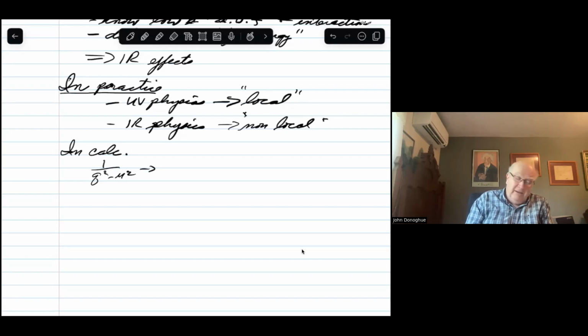This looks like minus 1 over m squared plus q squared over m to the fourth plus dot dot dot, which turns into a delta function plus box on the delta function.